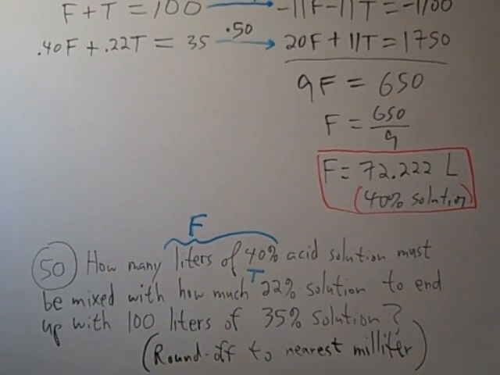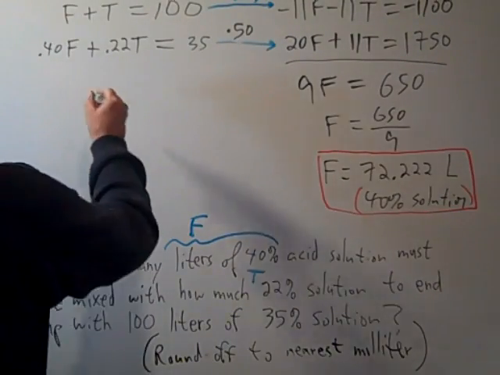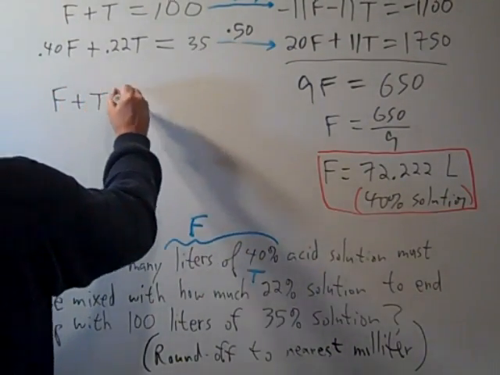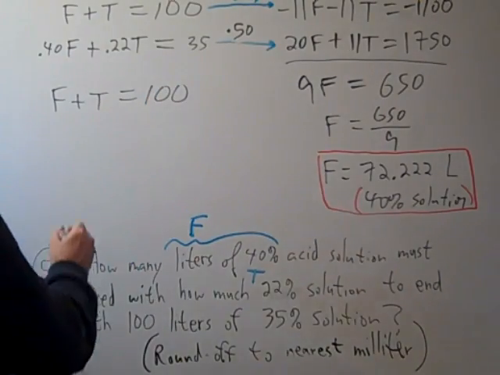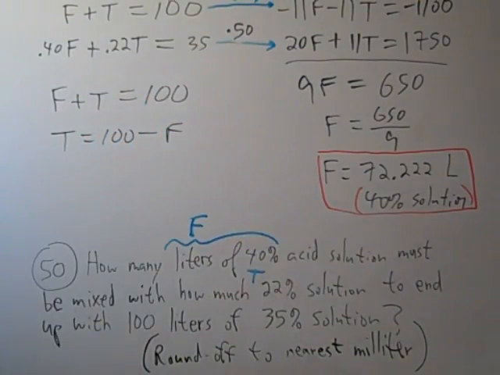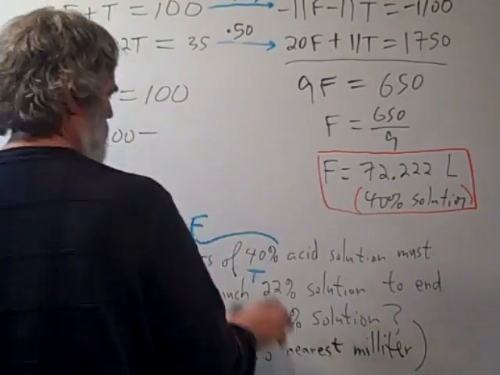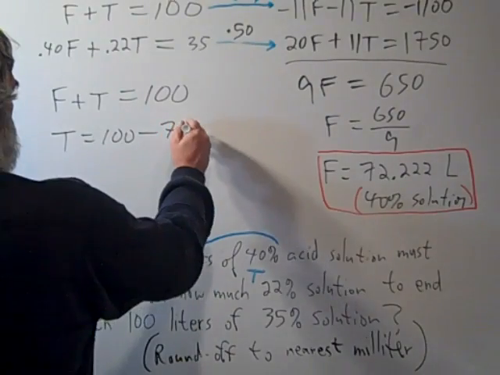Okay, now we need to find how much of the 22% solution, but now that should be easy because F plus T equals 100. So T is equal to 100 minus F. And F is equal to the 72.222 we just found.